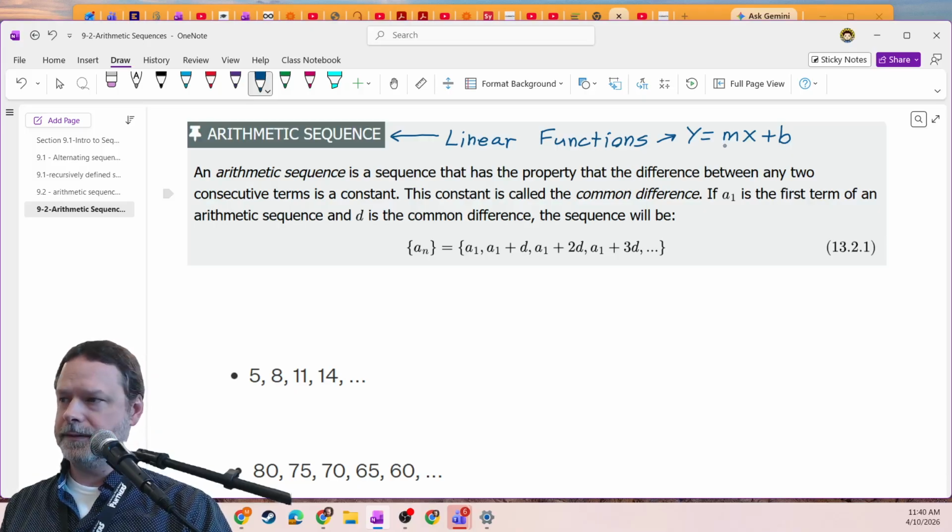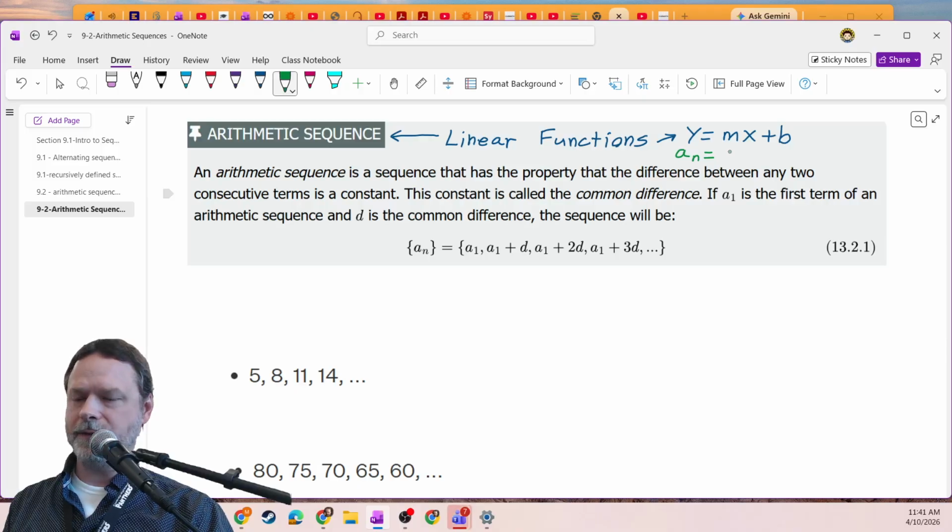If we're going to rewrite this as a sequence, it would maybe be something more like a sub n equals, and I'll use n instead of x. And m, we're going to say d. So x turns into n, y turns into a sub n.